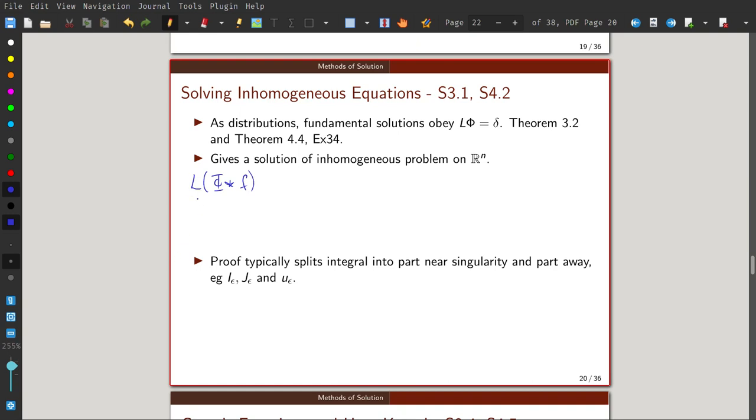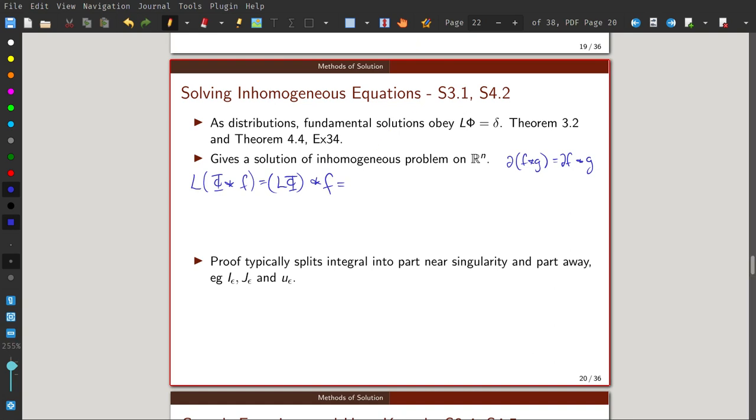Now for L, which is a linear partial differential operator, we know from this property that the partial derivative of a convolution is just the partial derivative of one of the functions convolved with the other. This extends to linear partial differential operators with constant coefficients to give us the partial differential operator applied to the fundamental solution convolved with f.